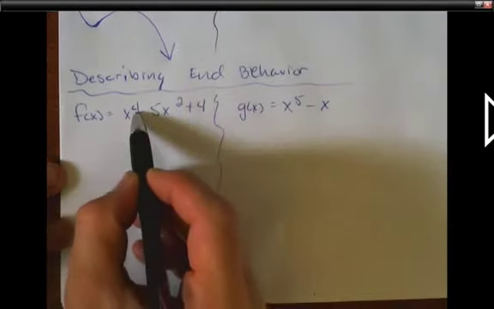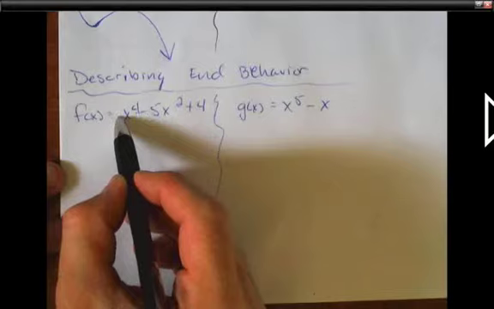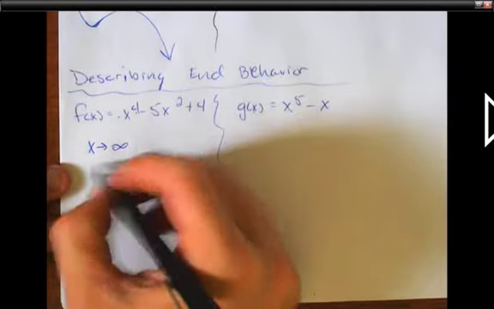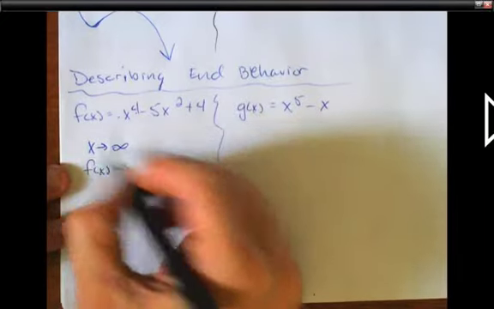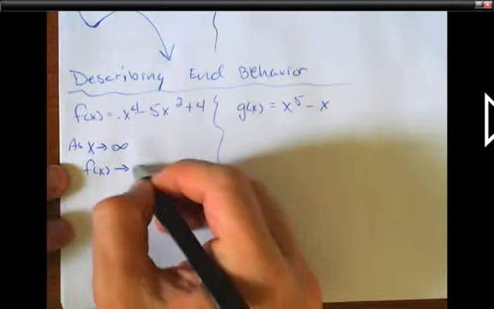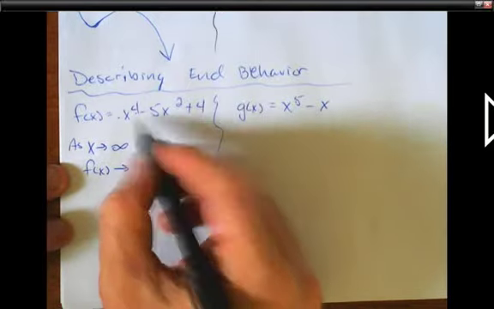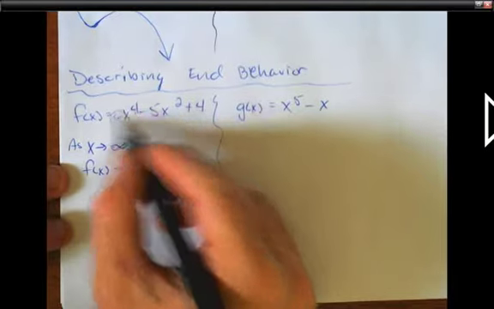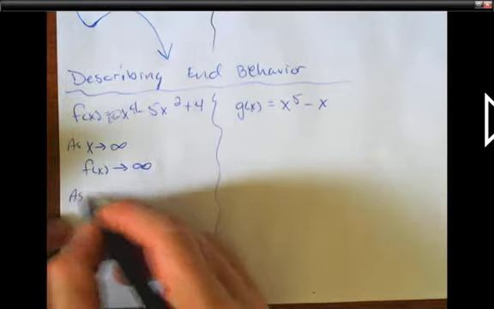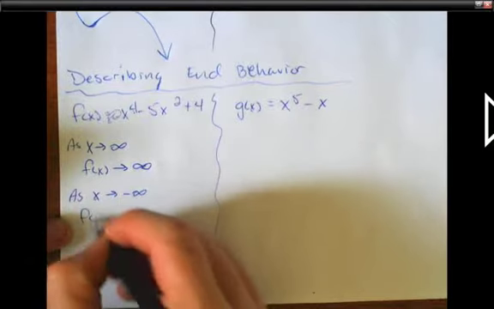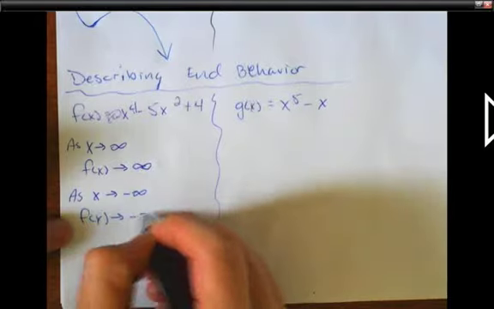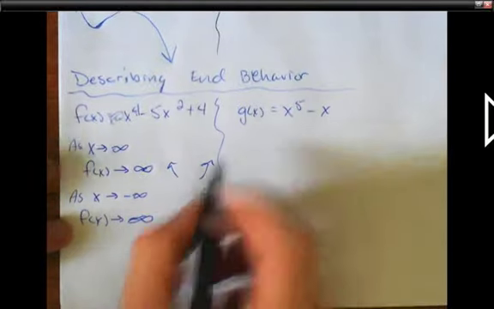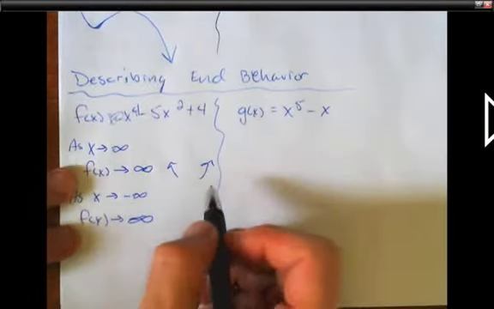Because this is an even degree and a is positive, as x goes to infinity, f of x goes to infinity, because it's even, which means it's going to go up, up. It's even and a is positive, so it goes up, up. So we also say as x goes to negative infinity, f of x goes to positive infinity as well, because it goes in the same direction. We're going to use this a little later, just saying it goes up, up. This helps us when we get to graphing.